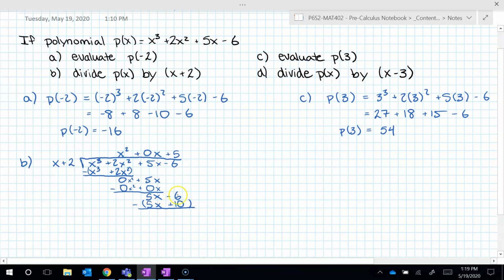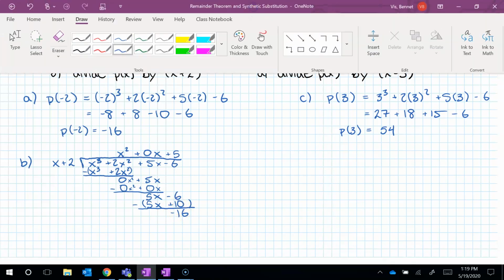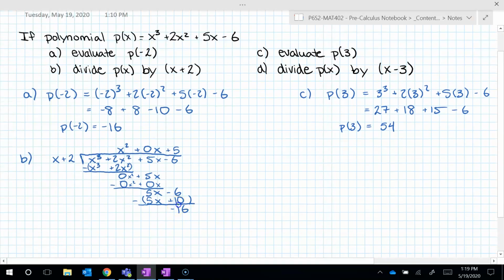I wanted there to be negative 6 at the end, but I made there be 10 there, so I'm off by 16. This is my remainder. This negative 16 here is the remainder that I got when I divided p of x by x plus 2.